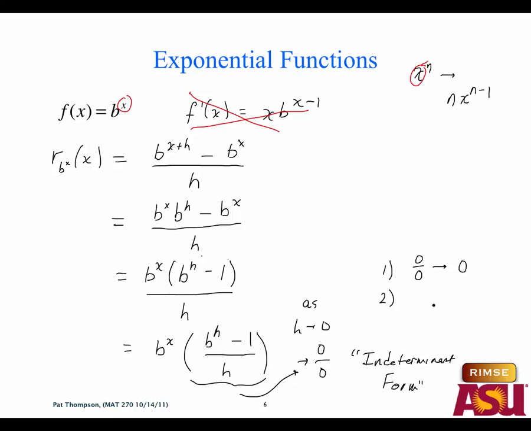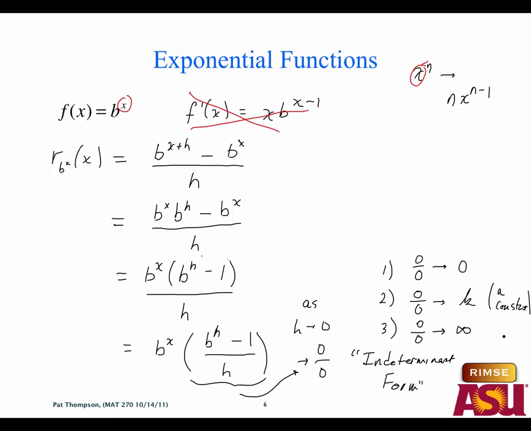As h gets very, very small, in certain contexts it approaches 0. In certain contexts, it approaches a non-zero constant. And in certain situations, it gets really, really large without bound. The smaller you make h, the closer you get to 0, the larger and larger it gets.